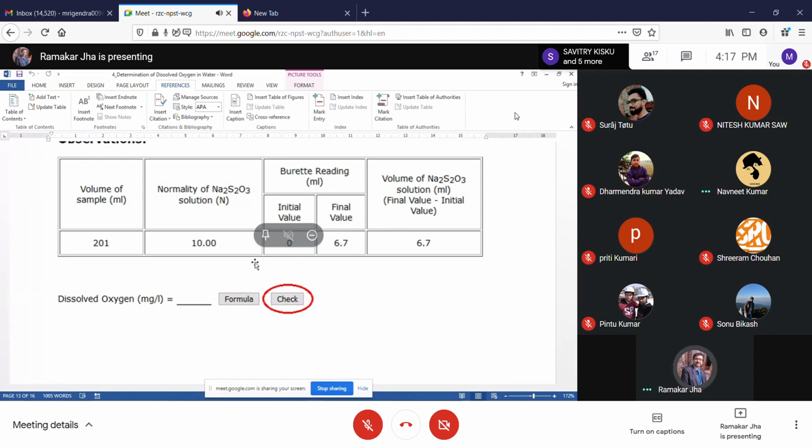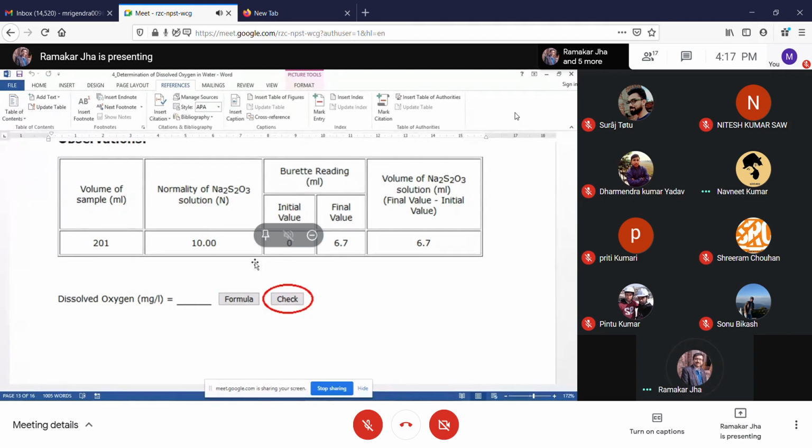If it is not, try to bring it to 10. Then start titrating. First it will be light yellow, then we will put the starch, then it becomes deep blue, and then we keep adding the sodium thiosulfate, so it will become colorless, and that value is 6.7.